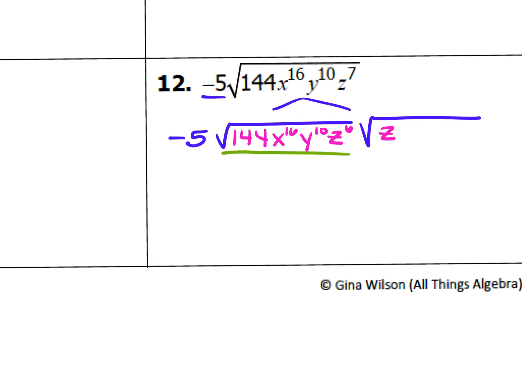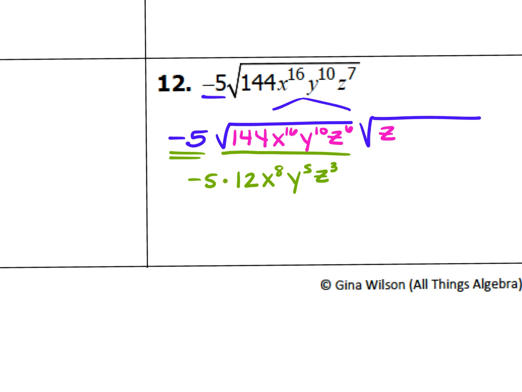This whole thing, the square root of 144, is 12. What's the square root of x to the 16th? X to the 8th. Square root of y to the 10th? Y to the 5th. And then square root of z to the 6th? Z to the 3rd. Don't forget that you have this -5 out in front. What are you doing with that -5?